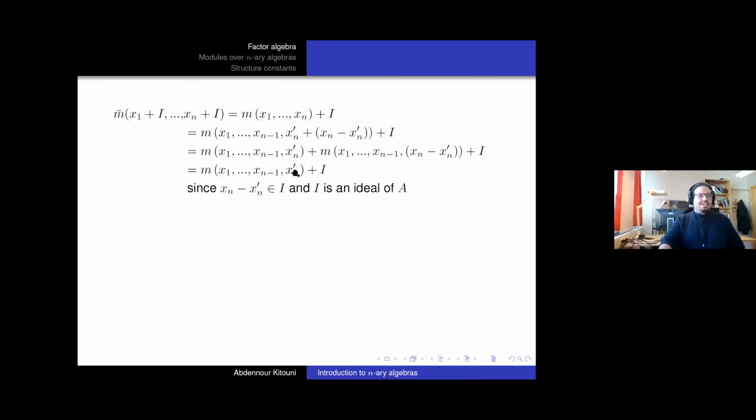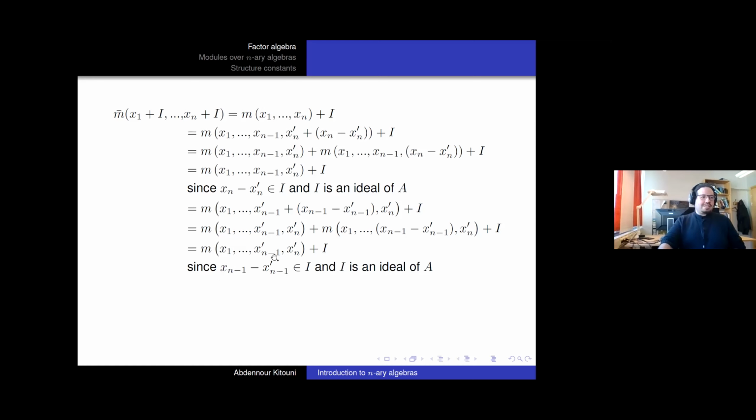We changed one element here with another representative of the same equivalence class, and the result is still the same. Then we do again the same process on xn-1, and we end up with this xn-1 prime, xn prime. And then we continue the same thing over and over until the last element.